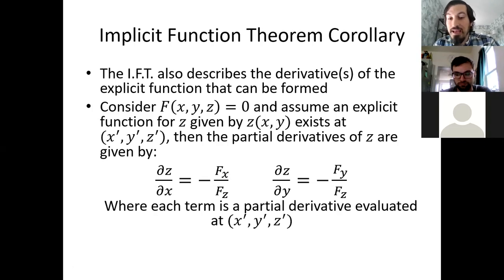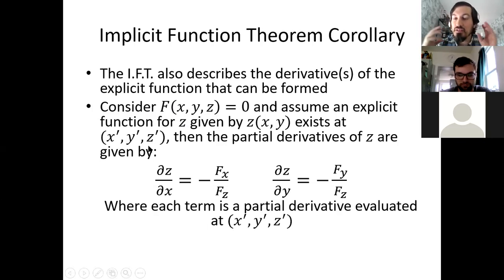It's that there's a handy way to calculate these partial derivatives if they come from this implicit function, simply by taking negative the fraction whose numerator is the partial derivative of f with respect to x divided by the partial derivative of f with respect to z. And each partial derivative should be evaluated at this point, x, y, z.